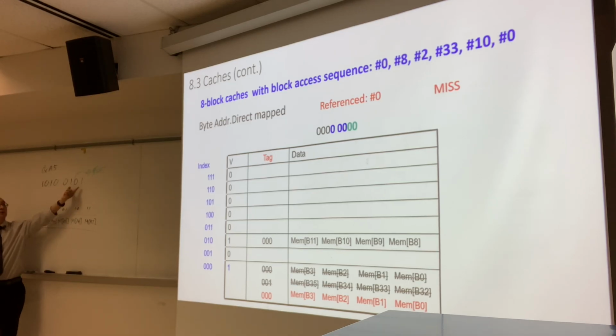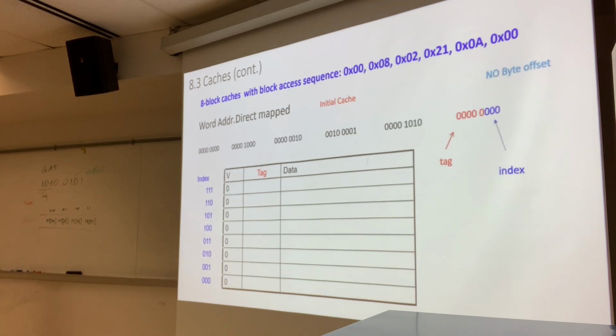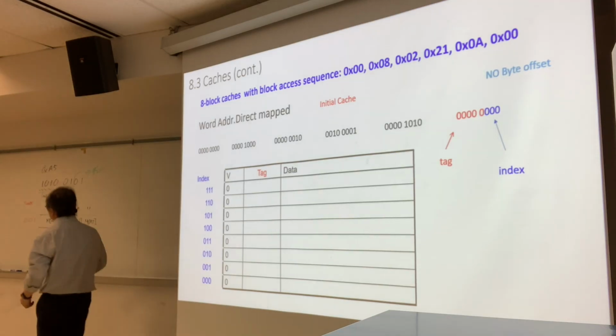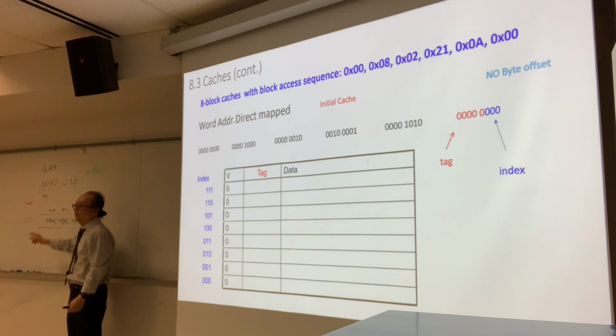So how do you determine your buddies? You need to figure out the exact location offset first, and then the index value, in this case 001. So 001 is the index, and this is our tag value. Now, it's a word address. In word addressing, we don't have to put it in a byte box.